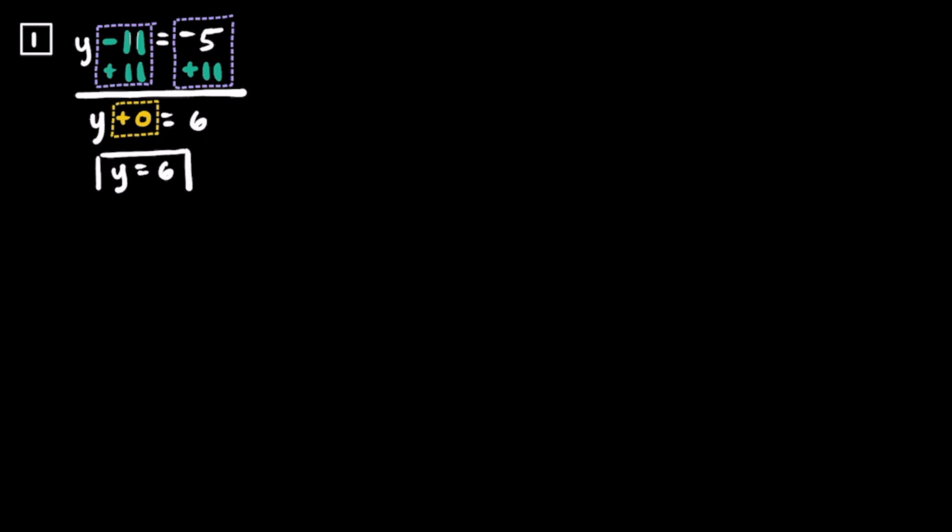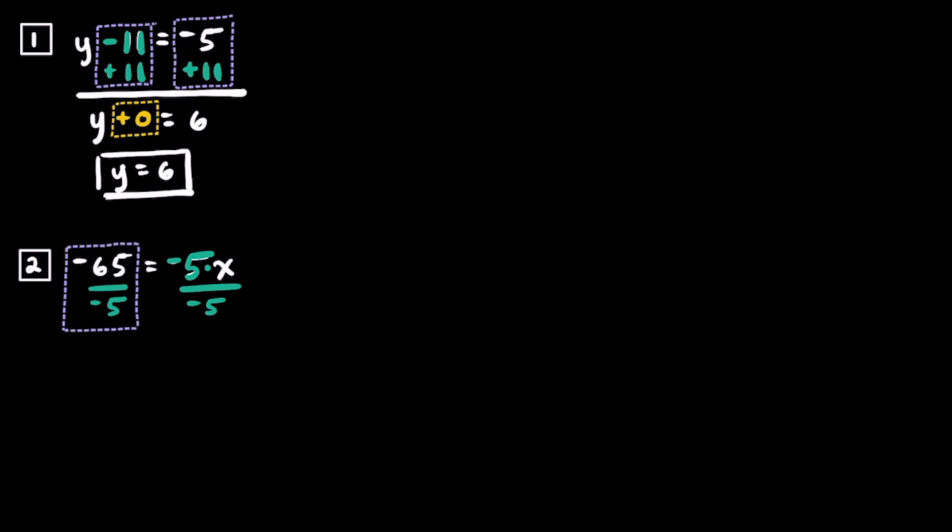There's our answer. For number 2, we have the equation negative 65 is equal to negative 5x, or negative 5 times x. To isolate x, we're going to have to go ahead and use the division property of equality and divide both sides by negative 5. On the left side, this negative 65 divided by negative 5 is going to equal positive 13, so we can go ahead and write that.